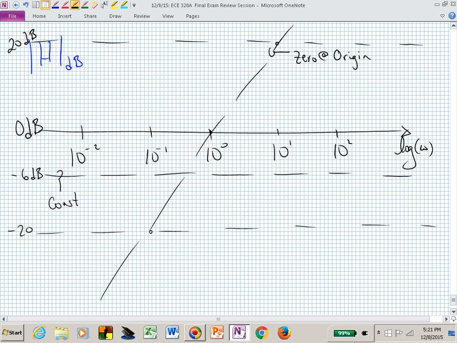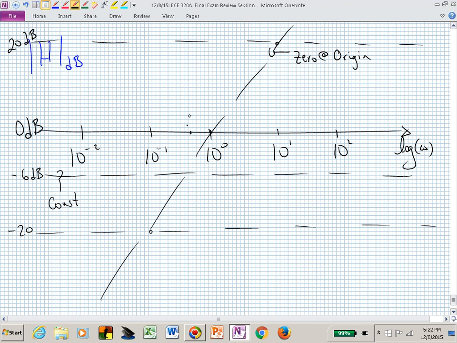And what else do we have? We have a pole at 0.5. What's the log of 5? Is it 0.6 or 0.7, I think? I think it's about 70%.